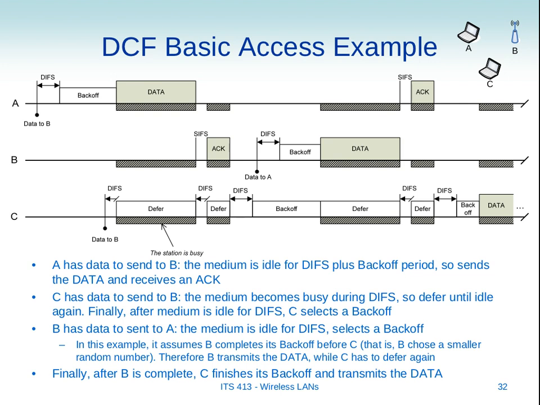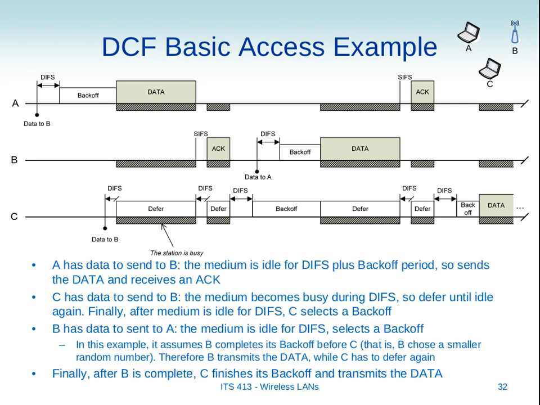C had to wait for the DCF interframe space, which is longer, before it could start the back off. If they both start at the same time, B will always finish first, or the station that has to wait for the short interframe space will always finish first and transmit the ACK before someone completes the DIFS, because SIFS is shorter than DIFS. And that's why it's unlikely that someone will transmit and the medium become busy in that short interframe space.